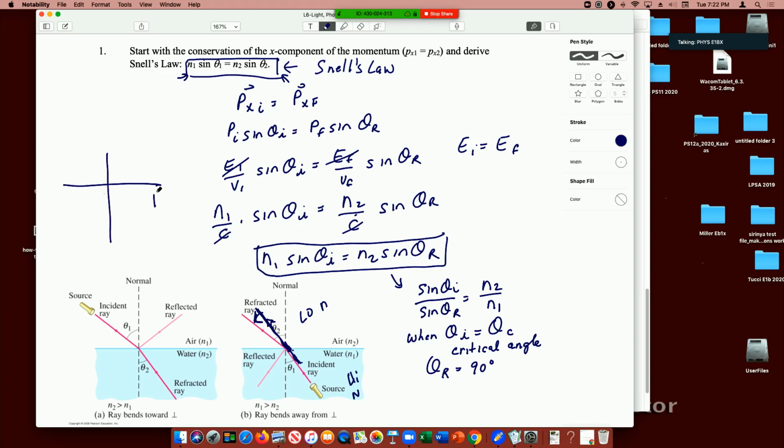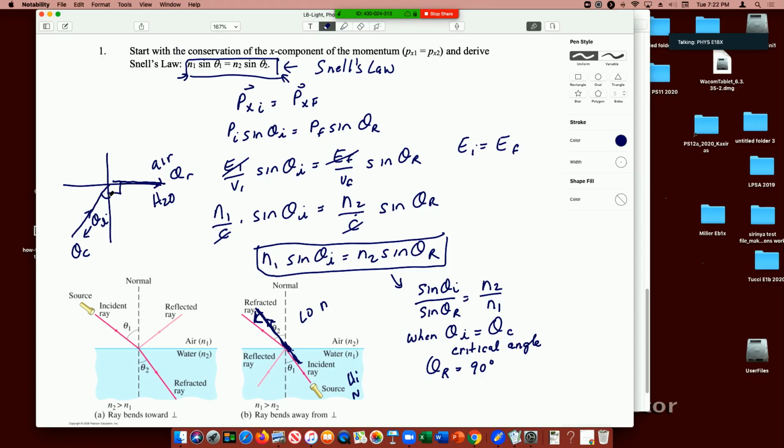So here's the water, and here's the air, and I'm coming in at some incident angle, and let's say that incident angle is equal to the critical angle. What that means is that the refracted ray is like this. So this is the refracted ray, and that's 90 degrees to the normal. That's a special point where all of the light is totally internally reflecting.